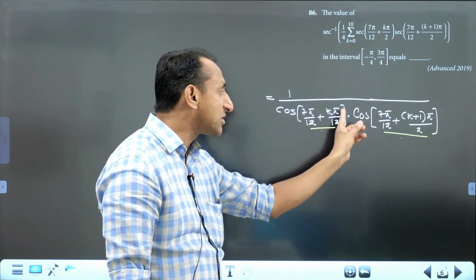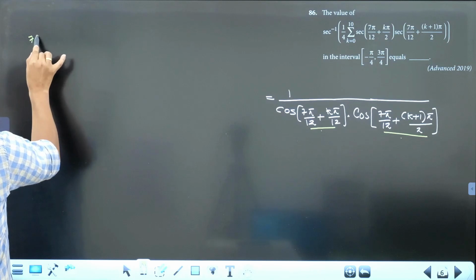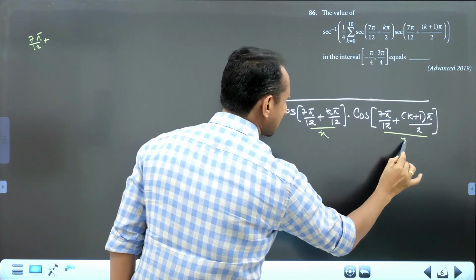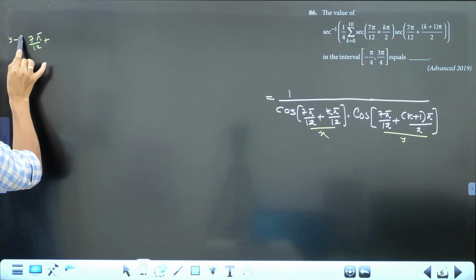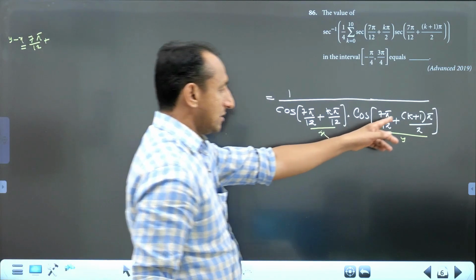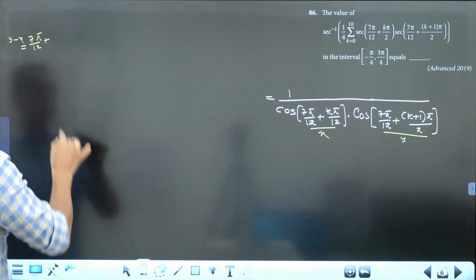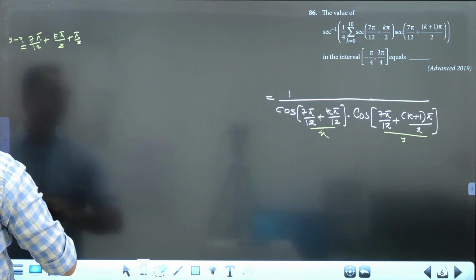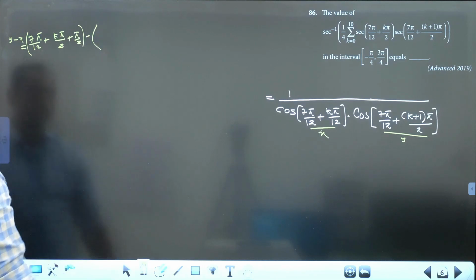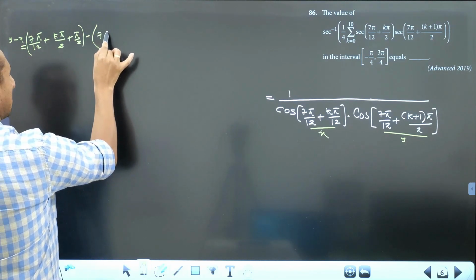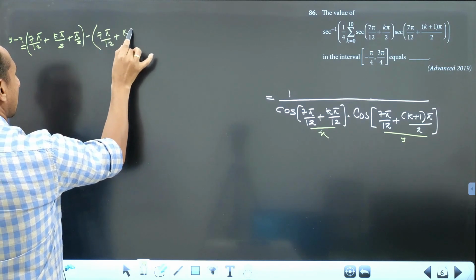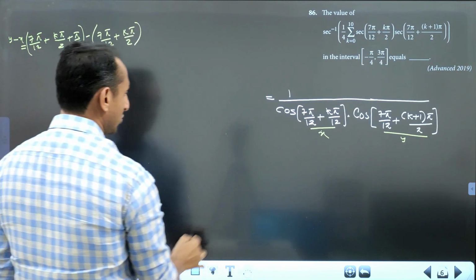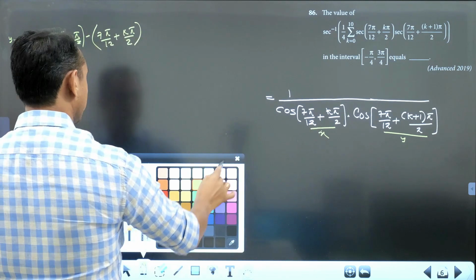What is the difference between these two angles? y minus x is equal to k pi by 2 plus pi by 2 minus 7 pi by 12 plus k pi by 2.